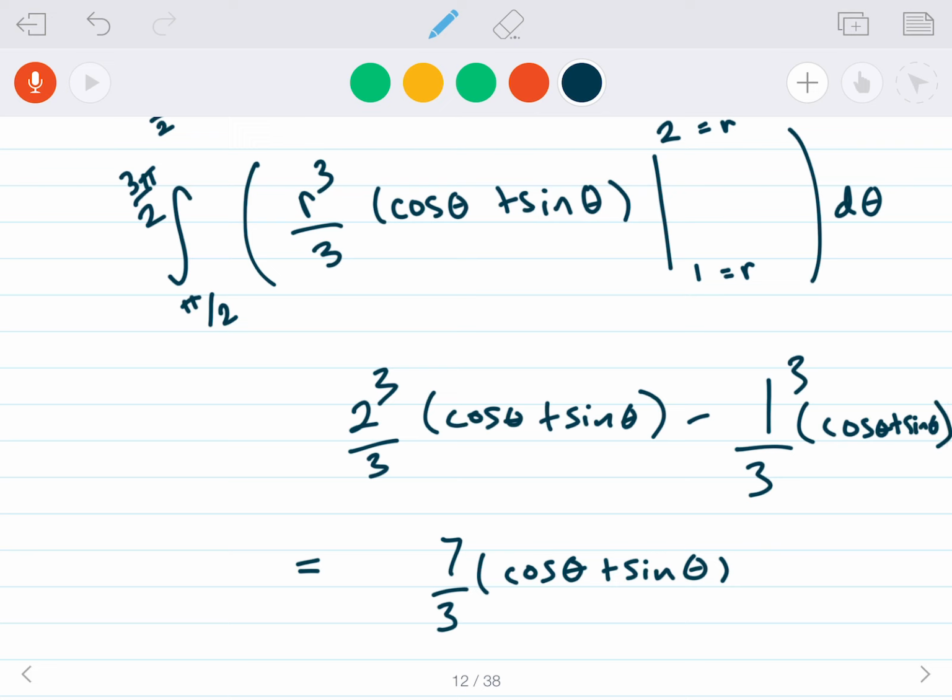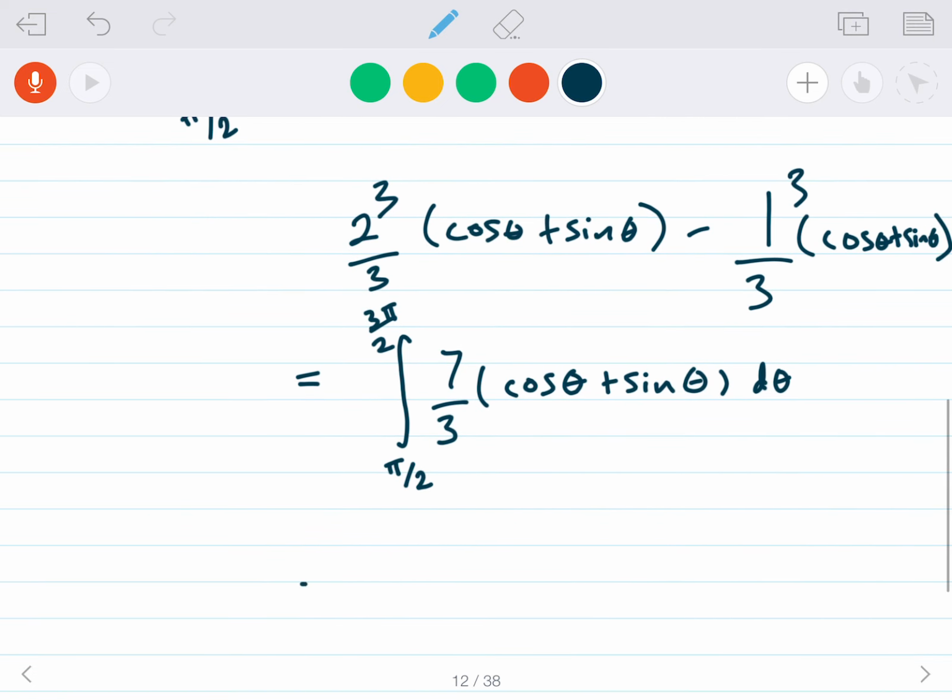Now we need to integrate this again with respect to theta this time, going from pi over 2 to 3 pi over 2, d theta on the outside. First of all, I'm going to pull out the 7 over 3 because I just don't want to deal with it.